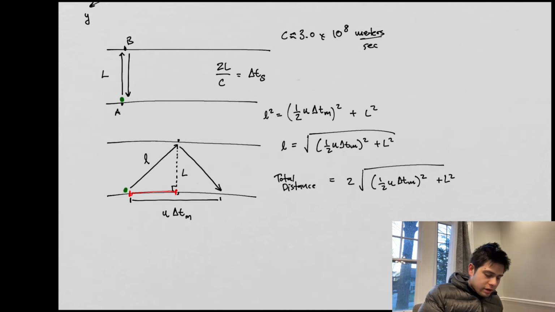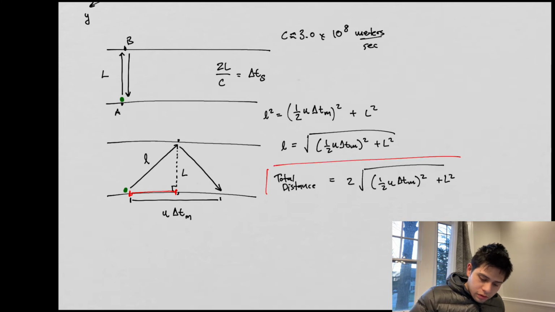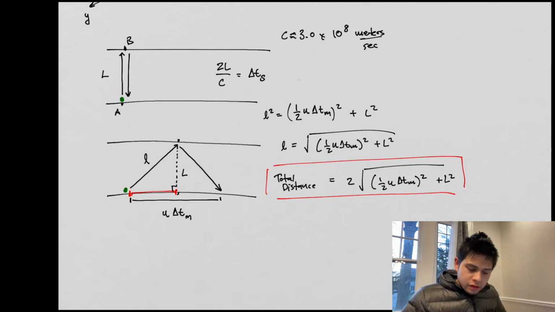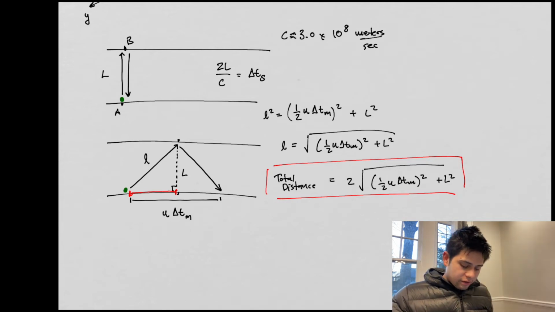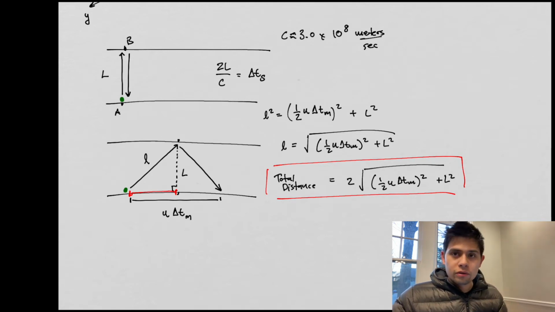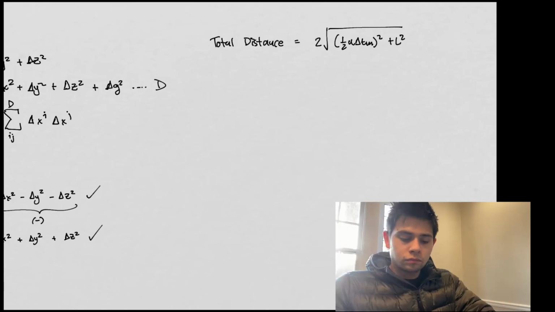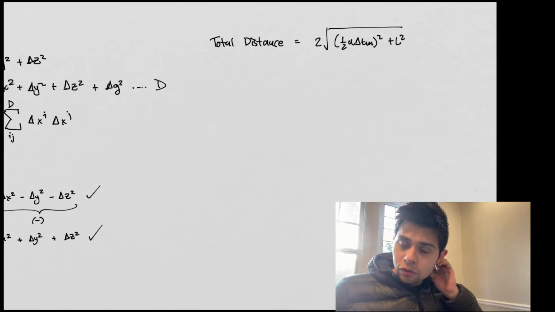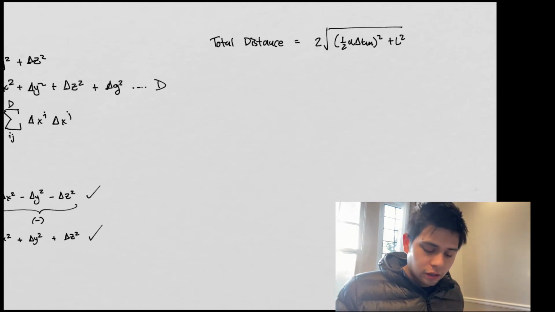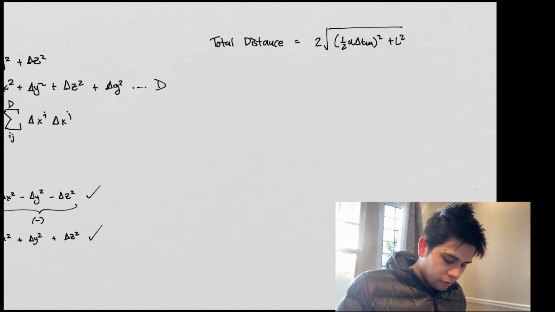Let's keep this in the back of our minds. Also, we want to keep this in the back of our minds, so maybe I will box this right here. And so what do we have? We have the total distance traveled for the particle that's moving in the x direction. I rewrote this total distance right here.